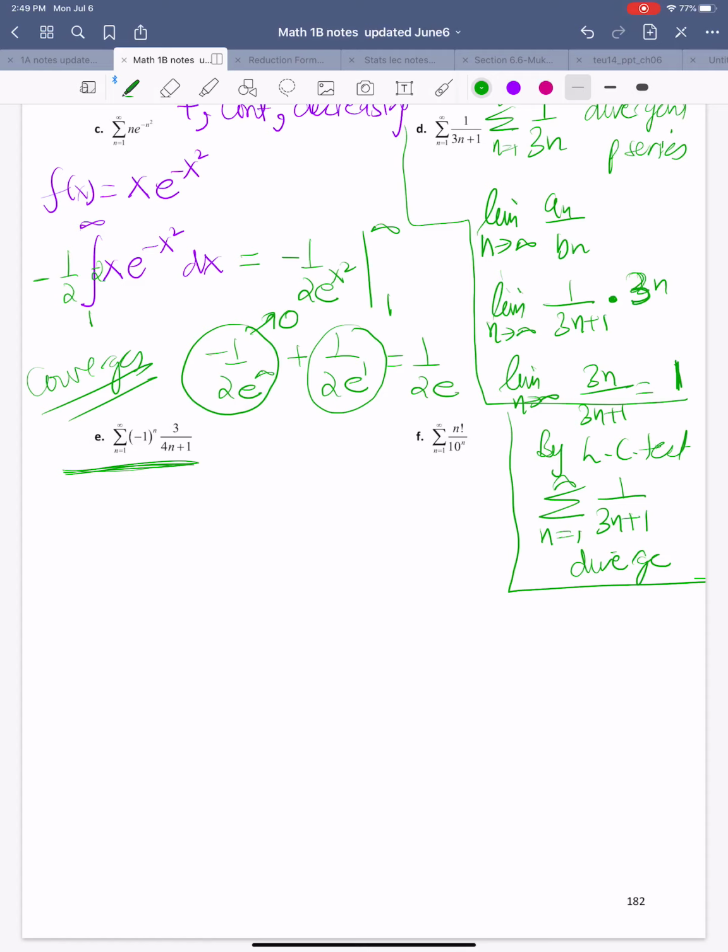We have n factorial over 10 to the power n. Anytime you have factorials and power n's, it is helpful to go with the ratio test. So ratio test. This one I'm skipping for now.